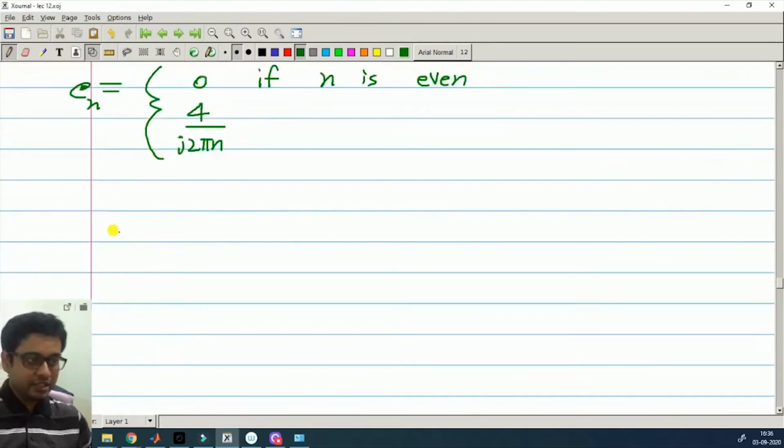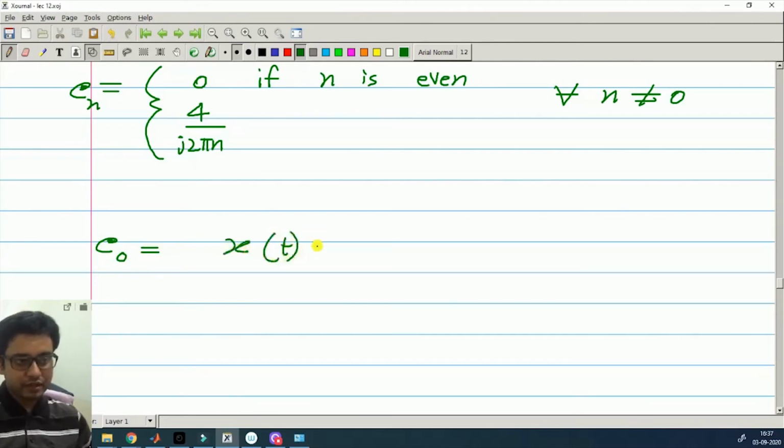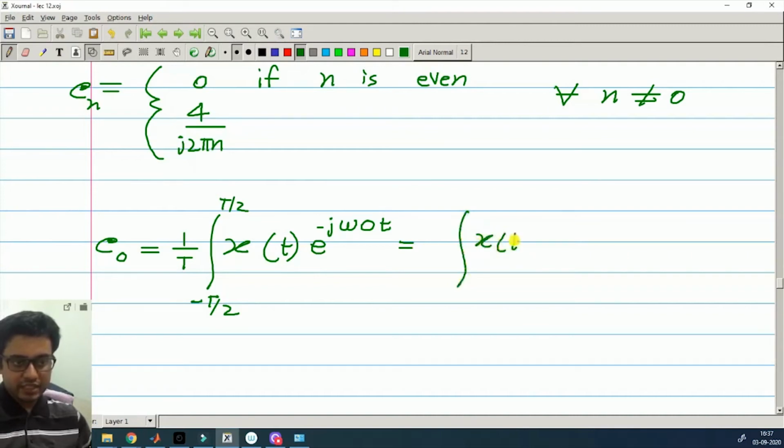Let me also write this for you. So this is for all n not equal to 0, and C0, that means when n is equal to 0, we will use the direct formula x(t) e to the power minus j omega n is 0, integrated from minus T by 2 to plus T by 2, 1 over T, and this is equal to integration of x(t).